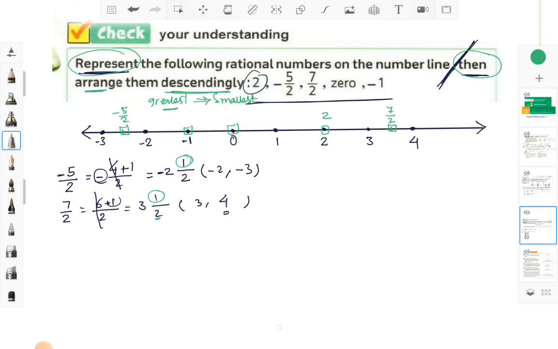To start with the greatest, start from the right, and the smallest is to the left. So the arrangement will be 7 over 2, then 2, then 0, then negative 1, and the last, negative 5 over 2.